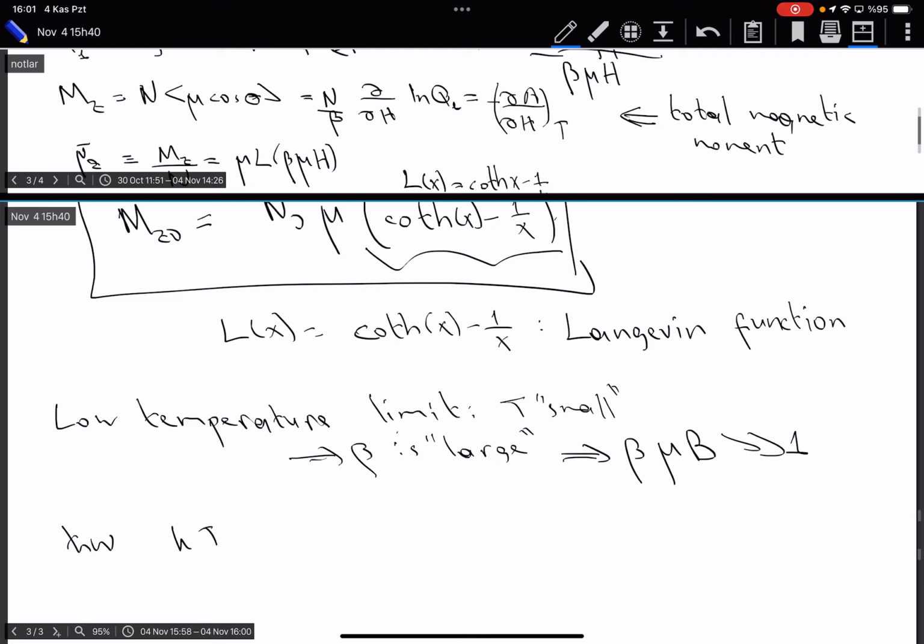So low temperature is when h bar omega is much larger than kT. Similarly here, for a magnetic dipole, mu B is the characteristic energy of this system. The energy of the dipole can be at most mu B, and at the smallest minus mu B, so the characteristic energy will be mu B. So the low temperature limit is when kT is much, much less than mu B.